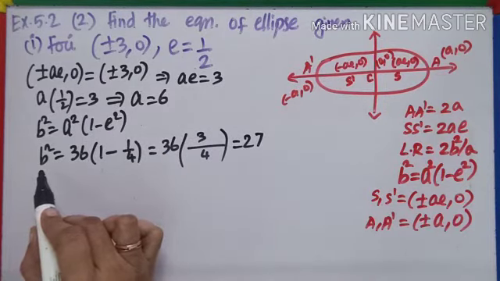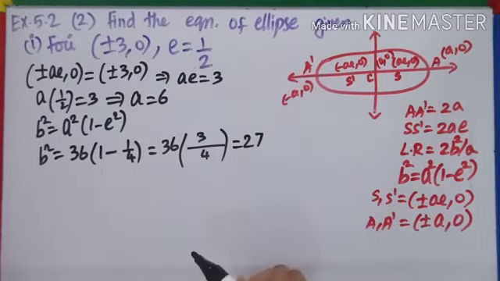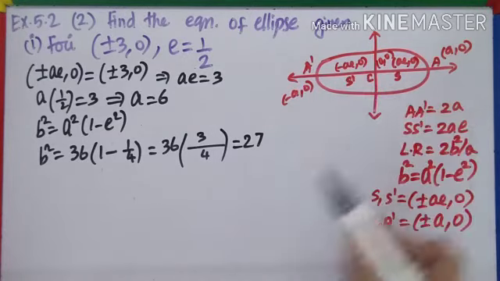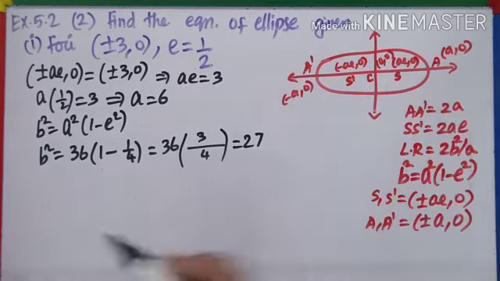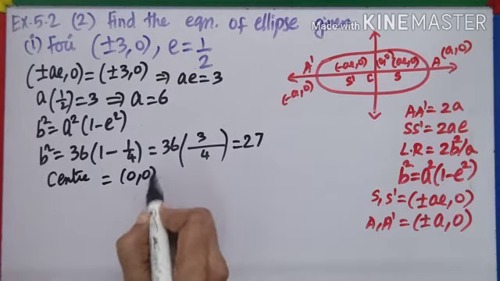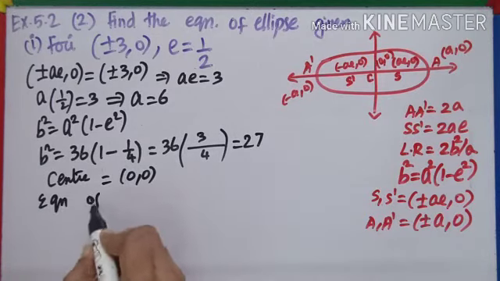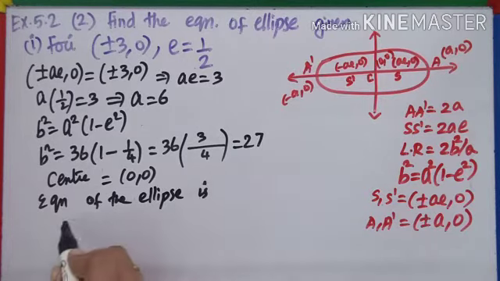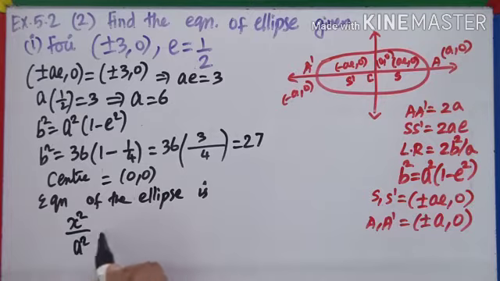The question is to find out the equation of the ellipse. Whenever the AE, 0 and minus AE, 0 pattern is there, center is 0, 0. So center equals 0, 0. So we can write the equation of the ellipse as x square by a square, it is first type, plus y square by b square equal to 1.